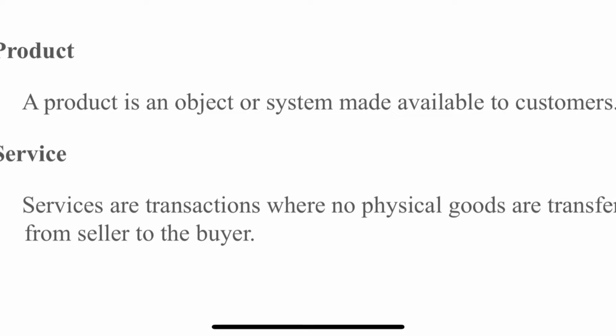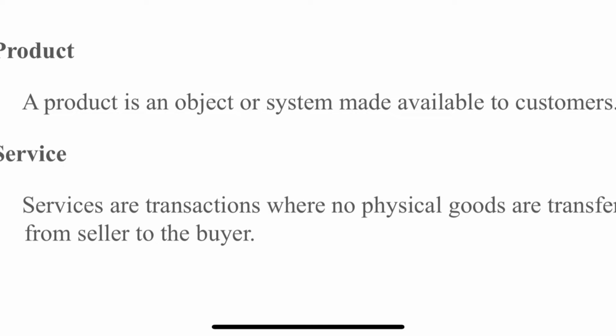What is a product? A product is an item for sale. Most importantly, it is a physical item that is tangible. We can sell, buy, store, and transport products.